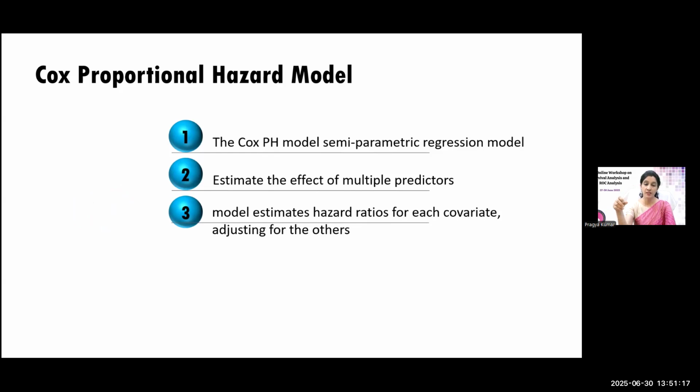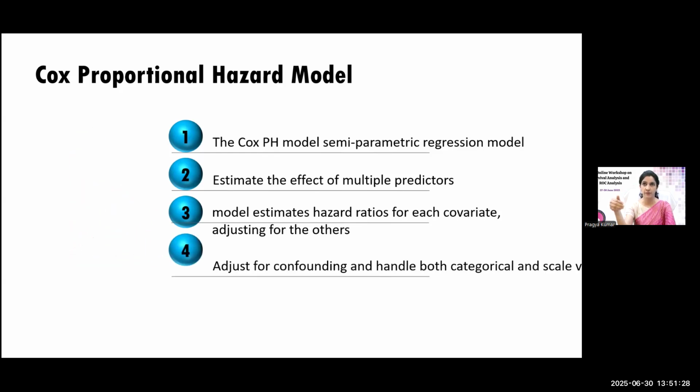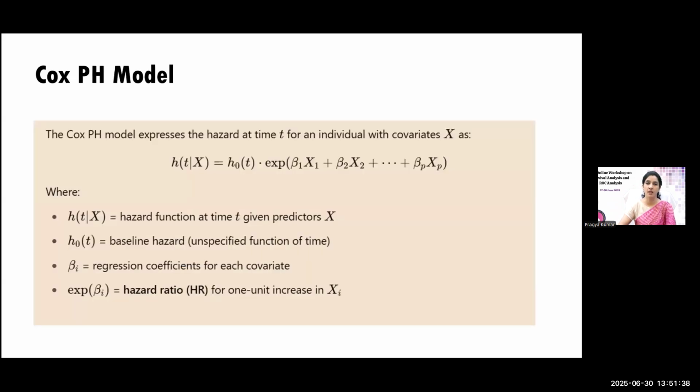And it models the hazard ratio. So the output we interpret in this modeling is the hazard ratio and the confidence interval of the hazard ratio. Like I said, it works with both categorical and continuous data, and it quantifies risk with the hazard ratio. So this is the formula of the Cox proportional hazard model.